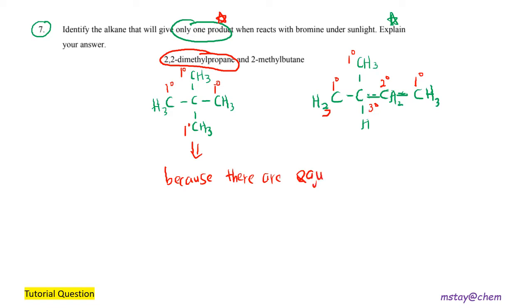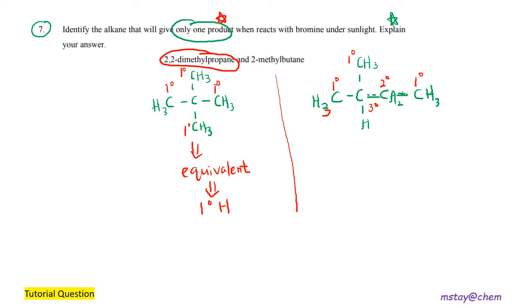Sorry, let me erase. The reason is that it is equivalent. So what does equivalent mean here? It means that they only have primary hydrogen. So any hydrogen replaced will give the same product. However, for the methylbutane, we will replace the tertiary hydrogen to get the major product.